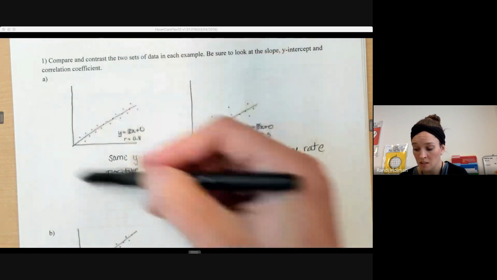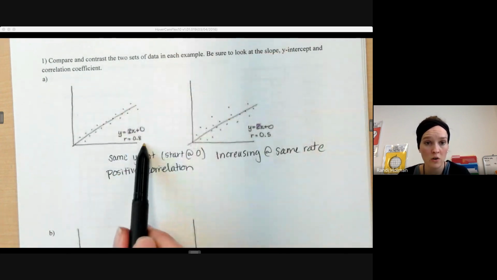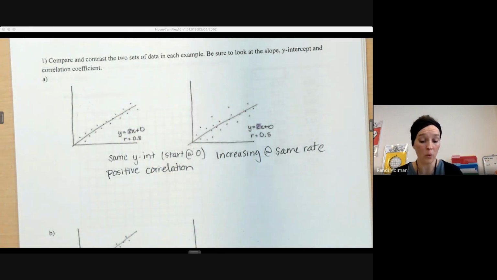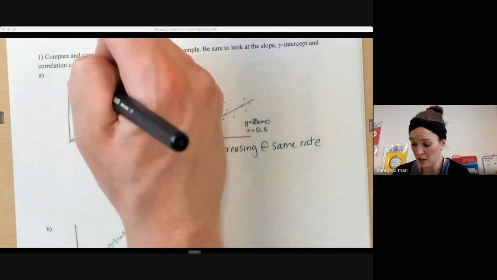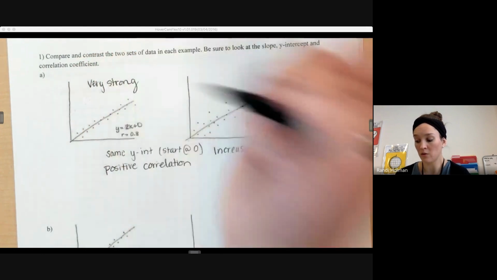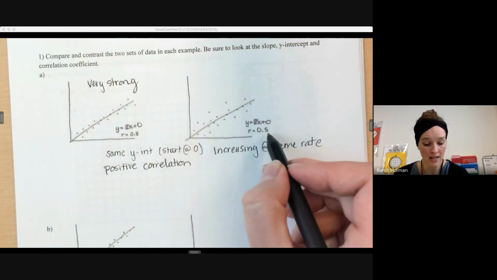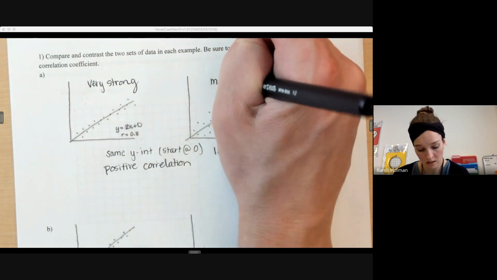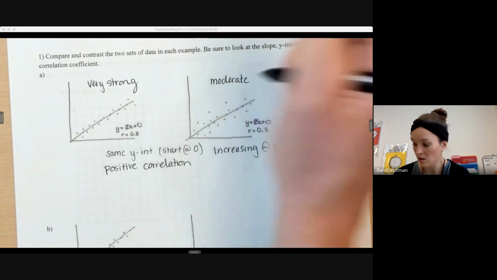However, this graph here, its correlation coefficient is 0.8. So we would classify that 0.8 as very strong positive correlation, whereas this one only has a correlation coefficient of 0.5. So this would be a moderate correlation.